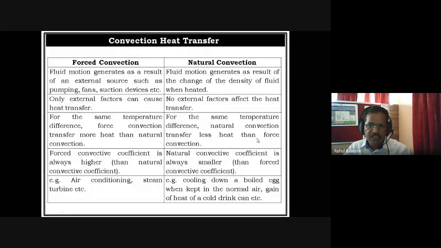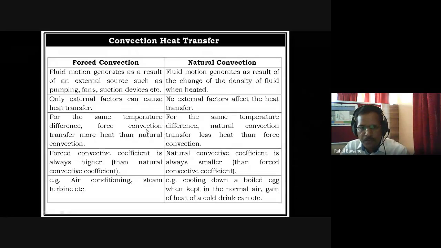To elaborate on this, imagine there is a hot plate, and the hot plate surface is, suppose, 100 degrees centigrade, and the surrounding air is 30 degrees centigrade. Now in natural convection, we keep that 100 degree centigrade plate in open air, so it takes a lot of time.